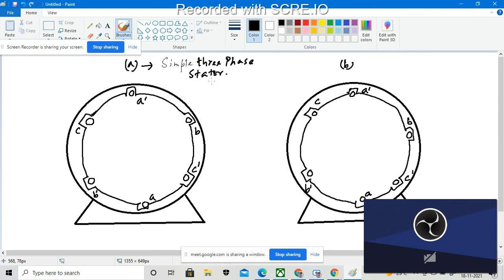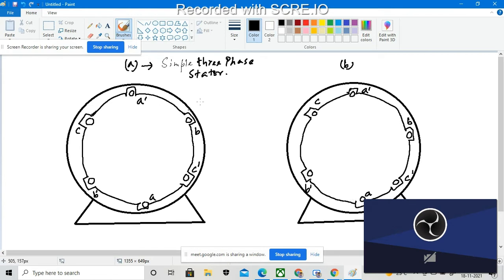Okay, and in this particular diagram we will draw later on the magnetizing intensity vectors, right? So what will be the magnetizing intensity vectors produced by the current flowing through each and every coil?